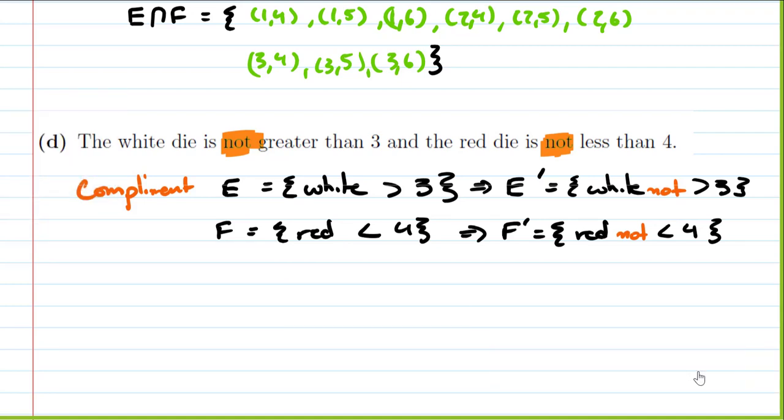So those would be our events, and the event that we want is white is not greater than 3 and the red die is not less than 4. So what we really want is, we have an and, we want E complement intersect F complement.